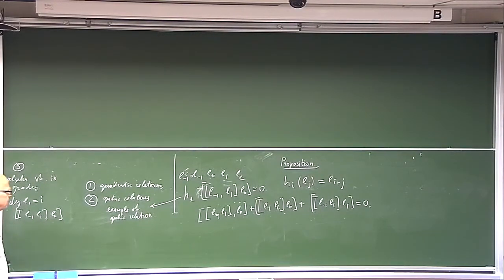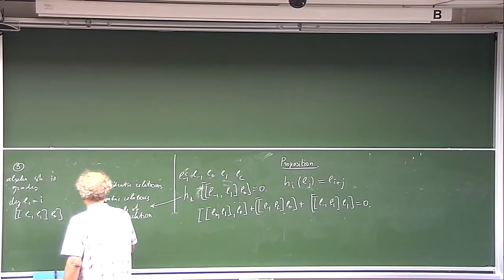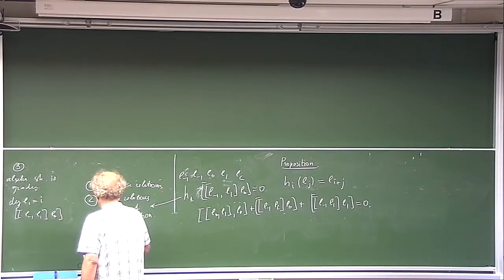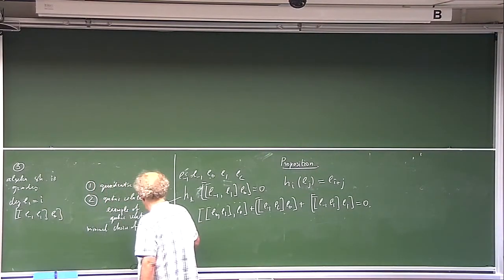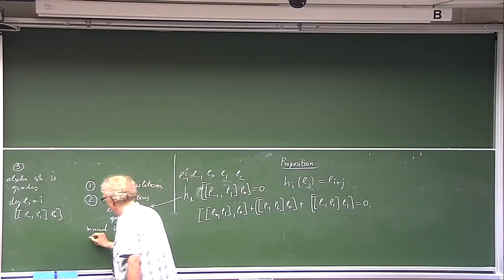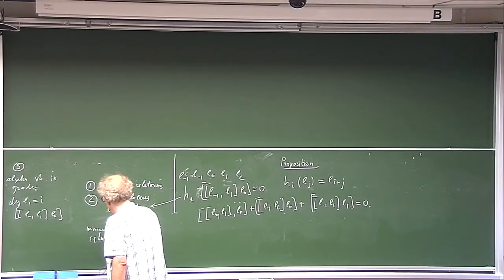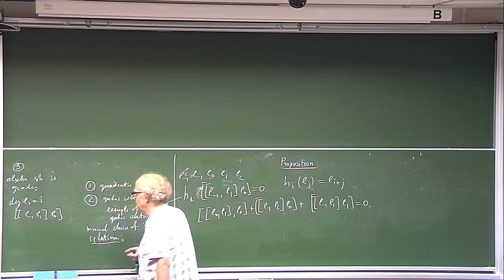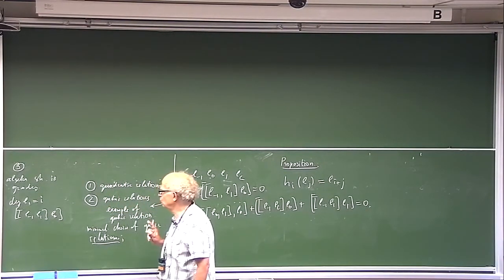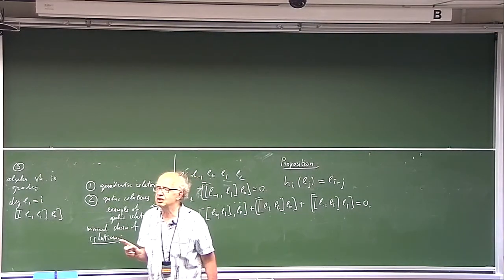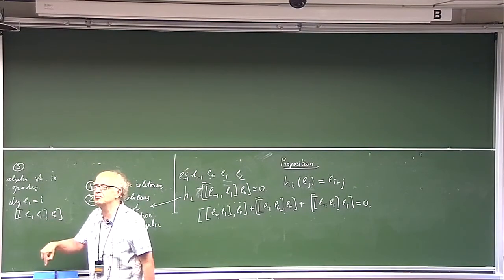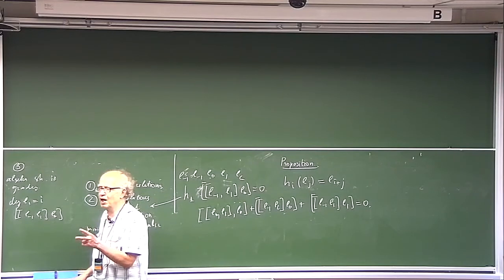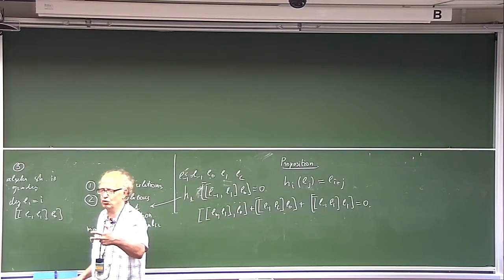And my statement is that for the minimal choice of cubic relations, we need two relations in each degree. So, for example, in degree 0, we have this relation and one more. In degree 1, we also have two relations. In degree 3, two relations. In all degrees, we have two relations.